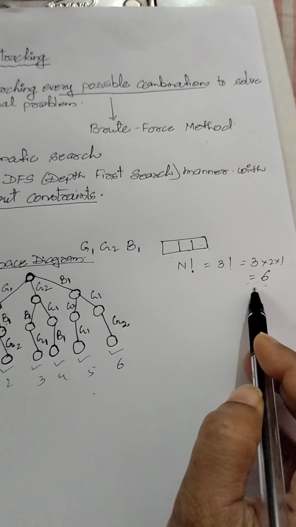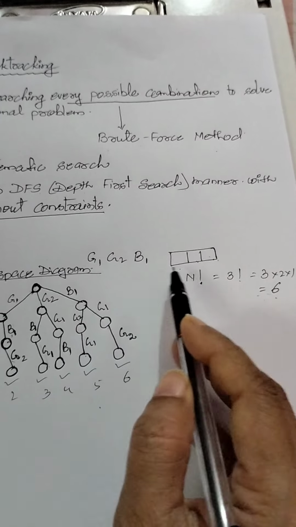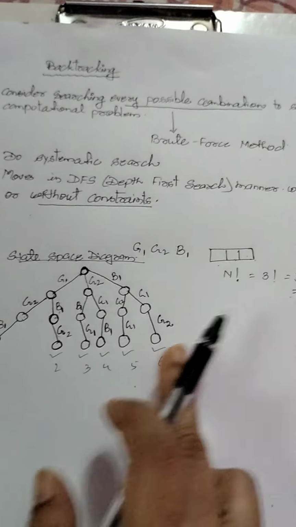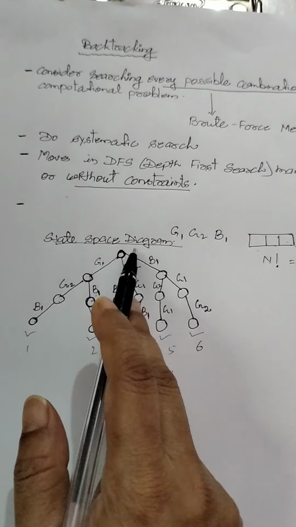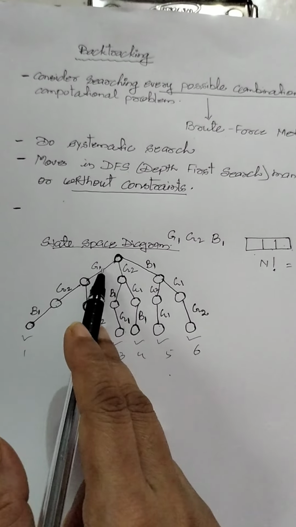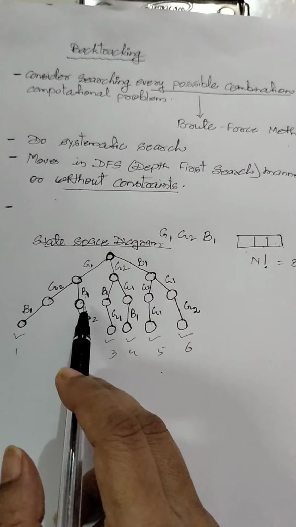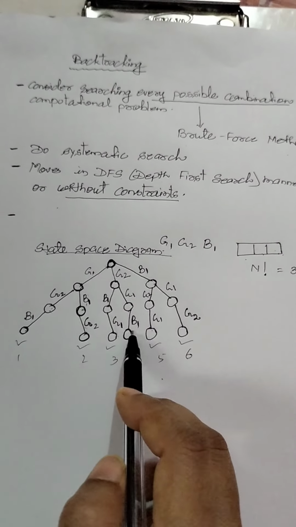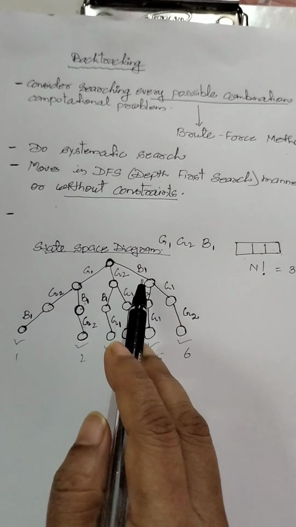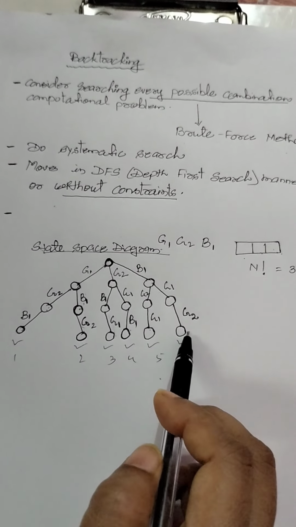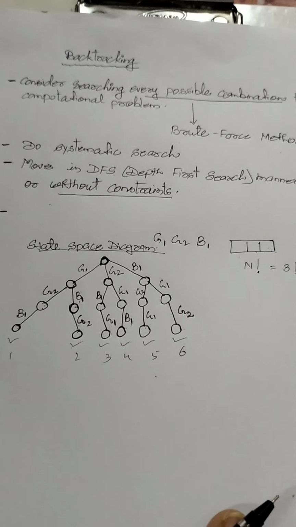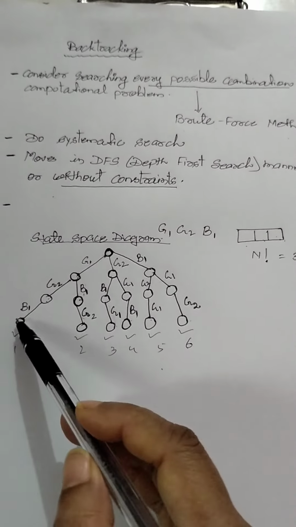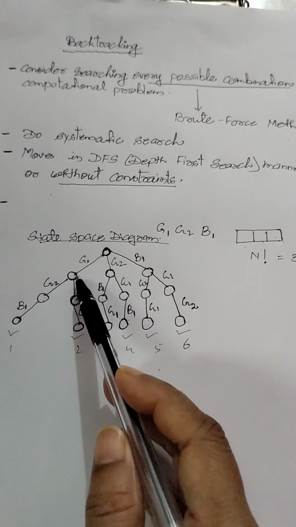The total number of ways these students can sit in 3 chairs is 6, and they can sit in these ways: G1 G2 B1, G1 B1 G2, G2 B1 G1, G2 G1 B1, B1 G2 G1, B1 G1 G2. So this is a simple example of backtracking, how we go one step back and one step back.